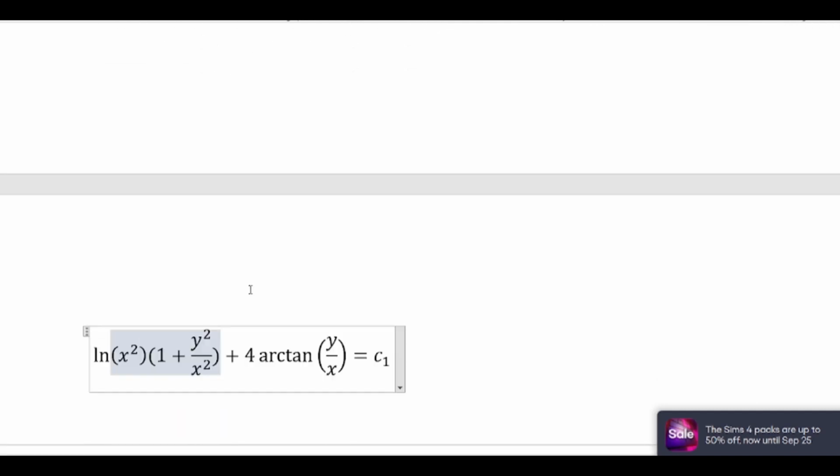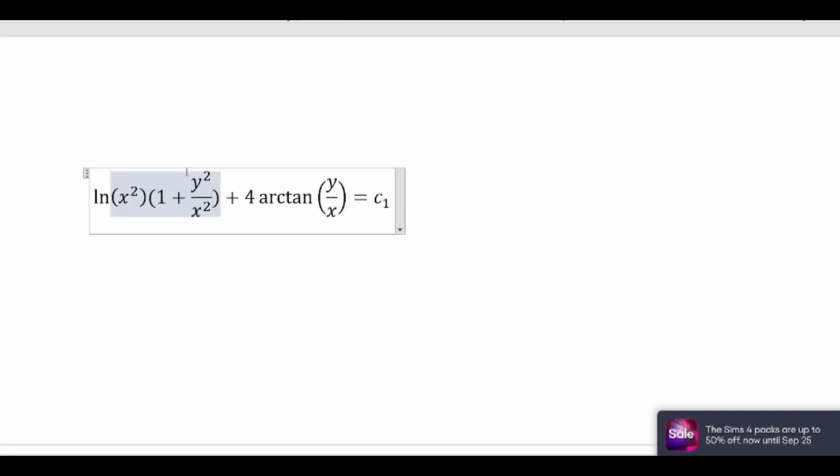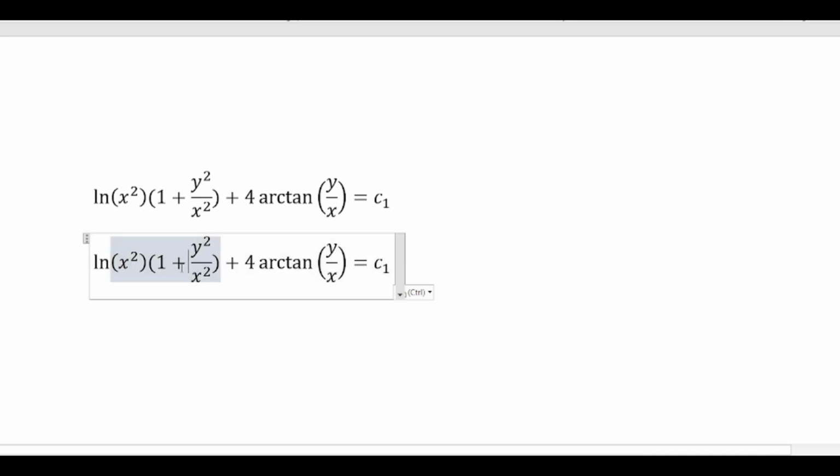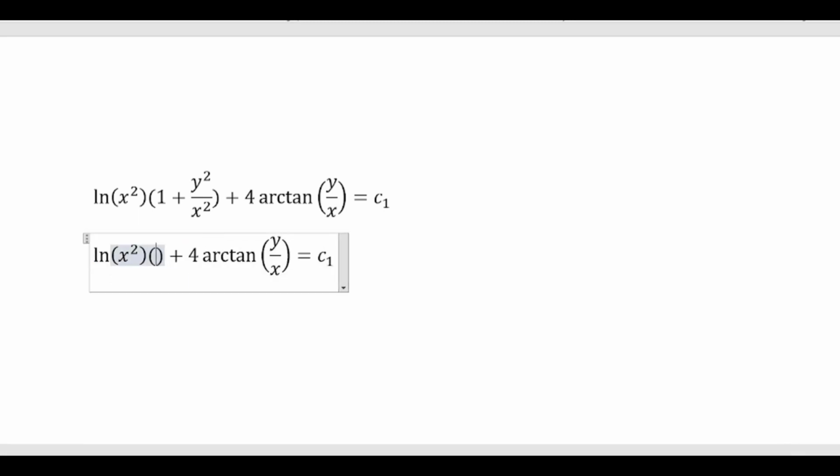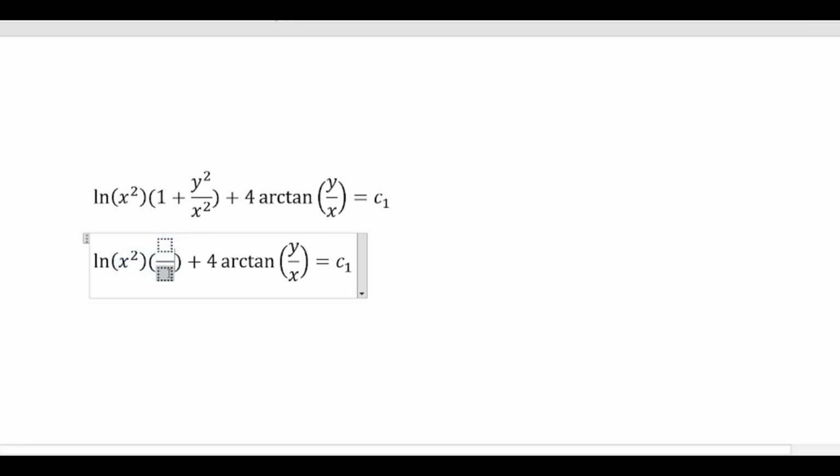Okay, there. And then this one, of course, we can merge these two by adding both with their common denominator. Okay, how do we do that? Let's copy this one again. Let's make this into a fraction only. Our common denominator is simply x squared.